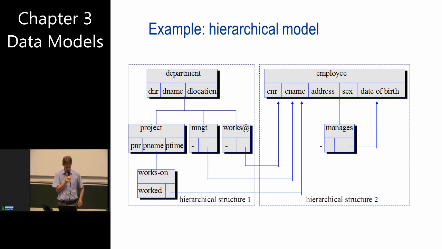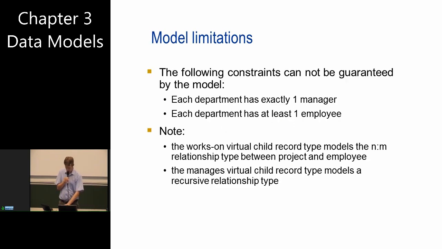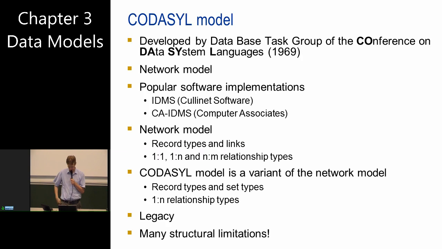Remember, the works on virtual child record type is going to model the n-to-m relationship type between project and employee, and the manages virtual child record type models a recursive relationship type. Okay, here you can see those limitations that we just clarified, listed again.